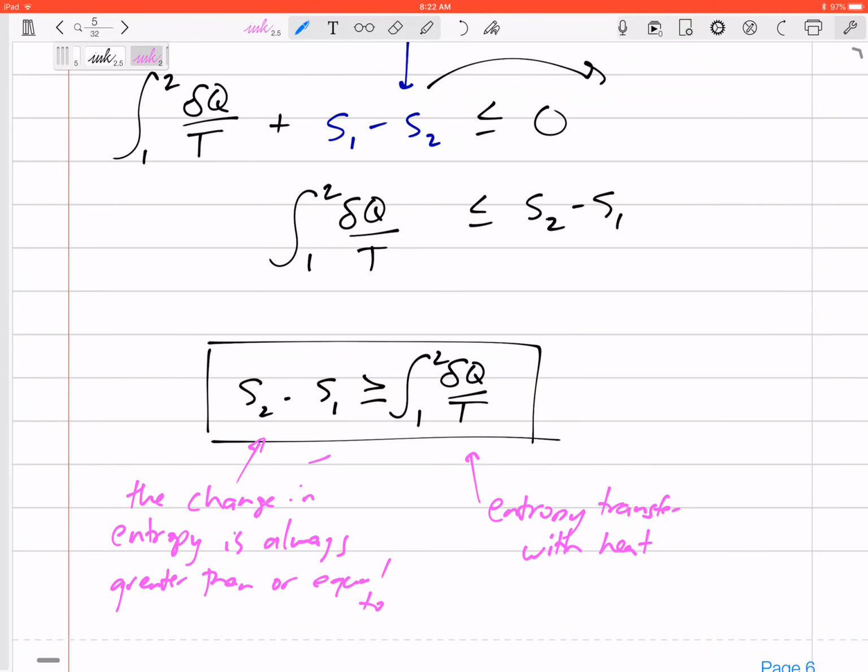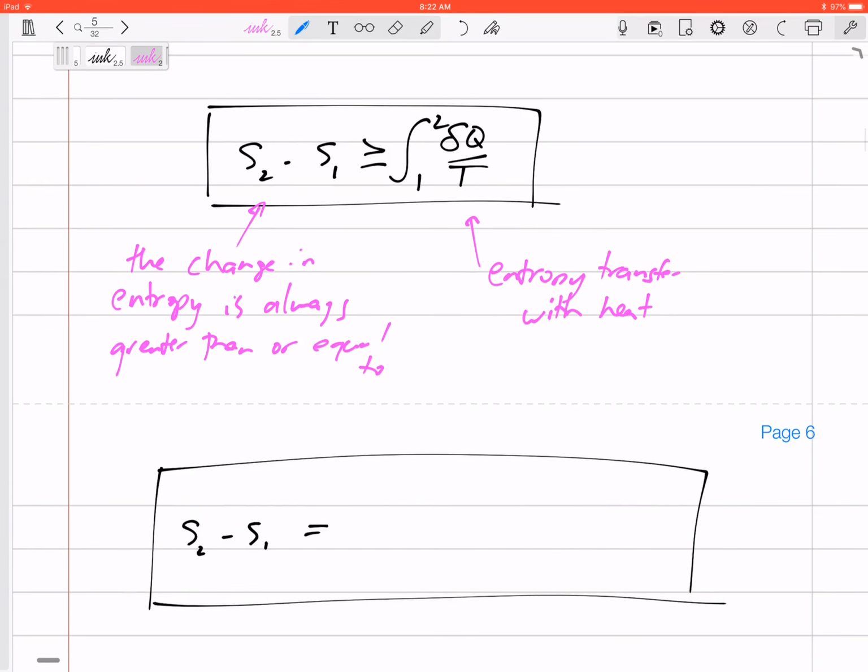All right, so if this change in entropy is always greater than this, then let's write this a different way. The change in entropy is equal, all right, so we have this equal sign. Let's say that it's equal to this value, integral from 1 to 2 of delta Q over T plus some positive term.